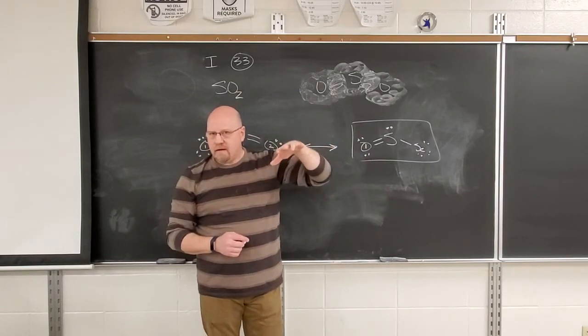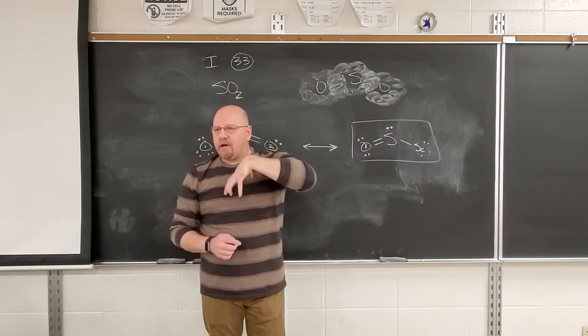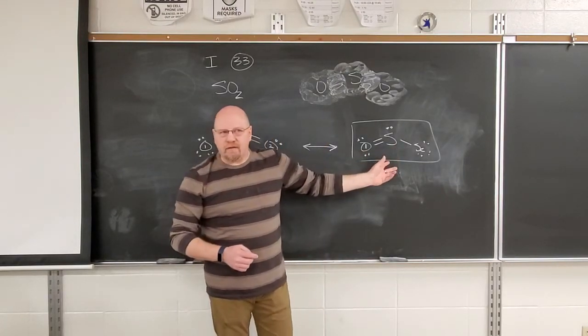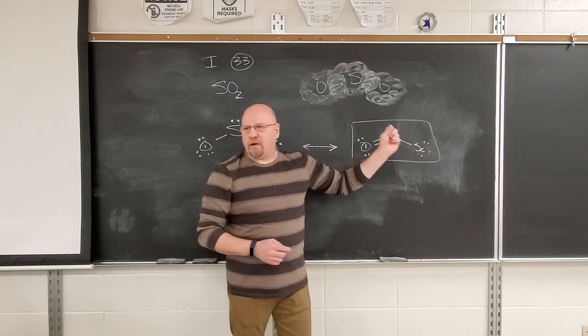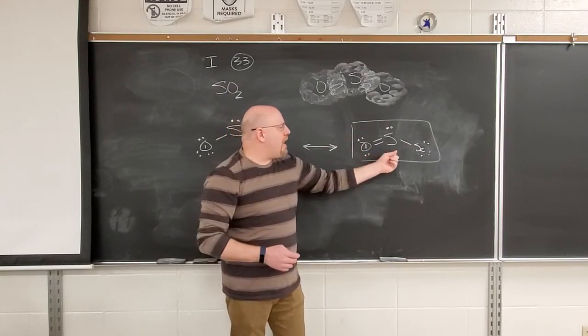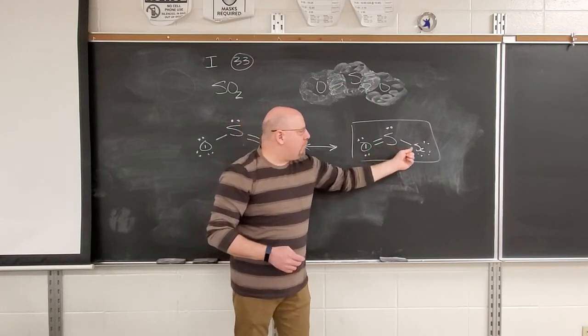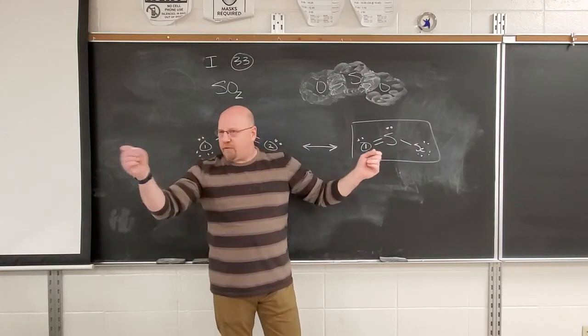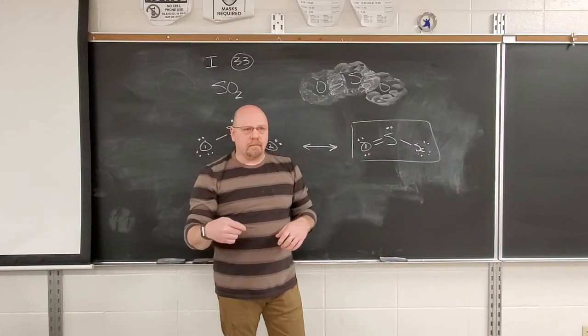Kind of a lie, but for what we're going to do at this level of chemistry, we're going to say no, it's not going to have resonance. We're going to have a double bond here and a single bond there. So the atoms that have different bonds that you could draw different ways need to be the same.